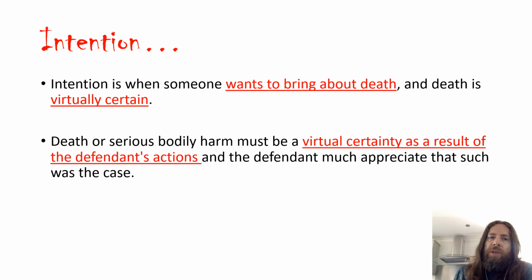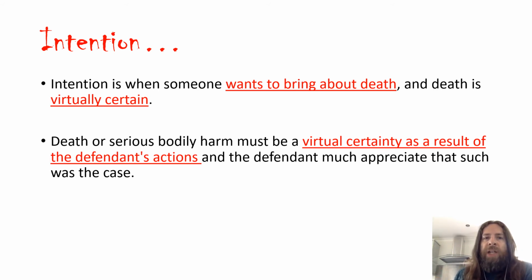Now, death or serious bodily harm must be a virtual certainty of the defendant's actions. So whoever we think is guilty here, what they did must have been virtually certain to lead to somebody's death. And the defendant must appreciate that that was actually the case. So they must appreciate that by hitting somebody around the head with a brick, they would die.